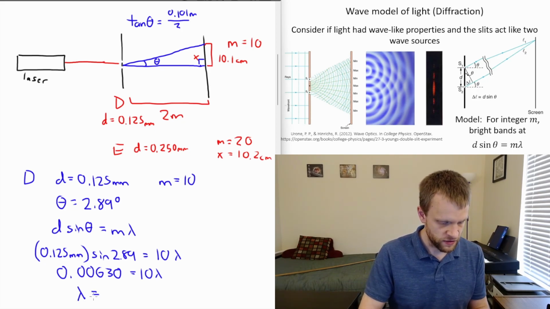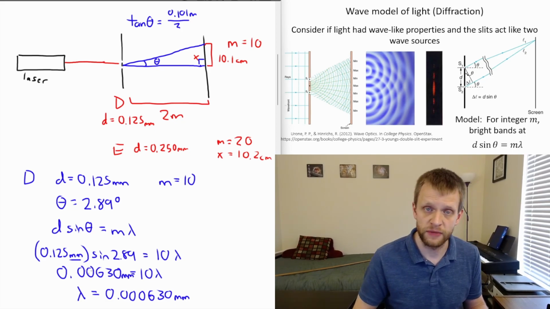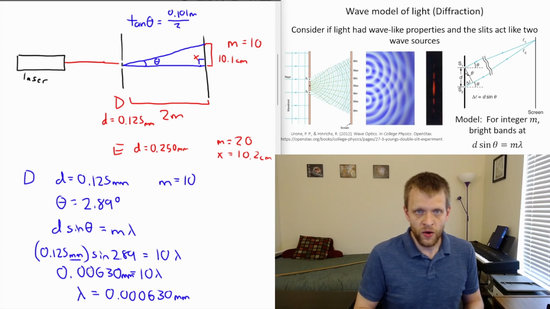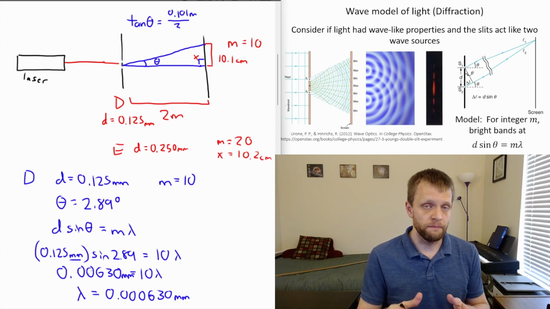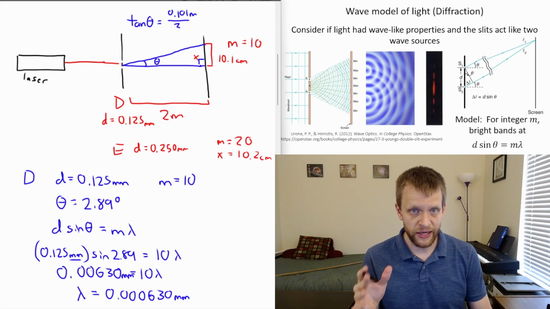And if I divide both sides by 10, I get the wavelength of 0.000630 millimeters. Because right now this would still be in millimeters because we were using millimeters up here. Well, if I multiply that by 1,000, that would give me the wavelength in micrometers.